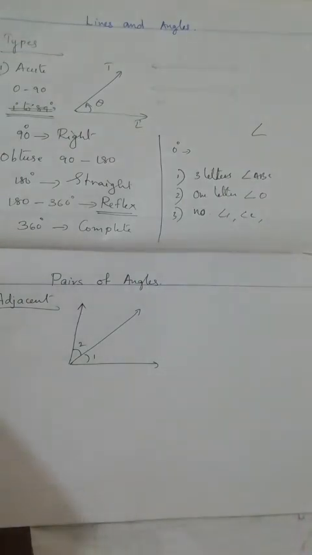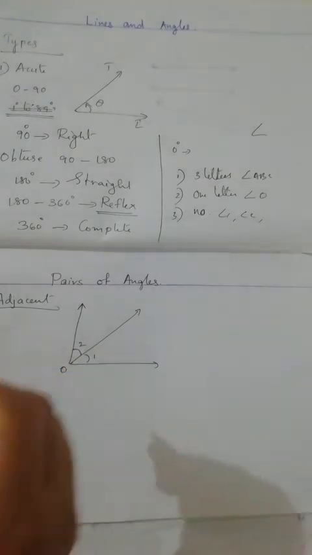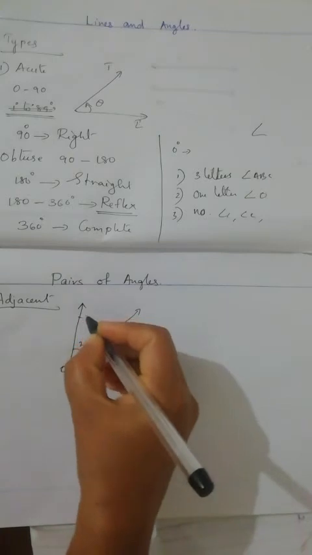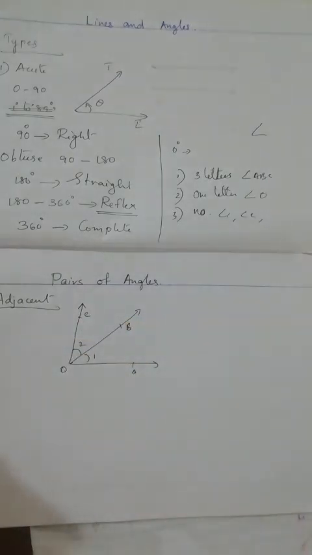I am taking two angles here. OA, OB, OC are the rays making angle 1 and angle 2. Look here, O is the common vertex of all these angles.